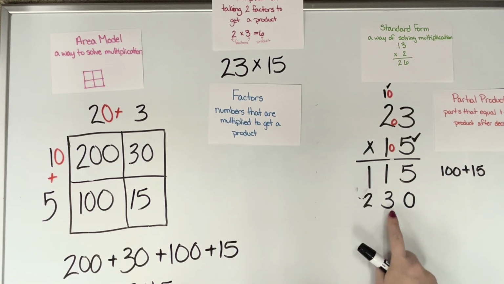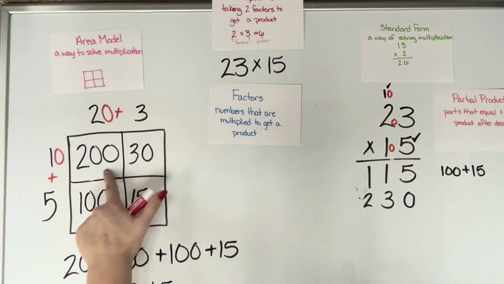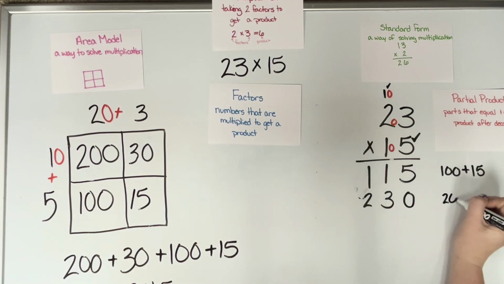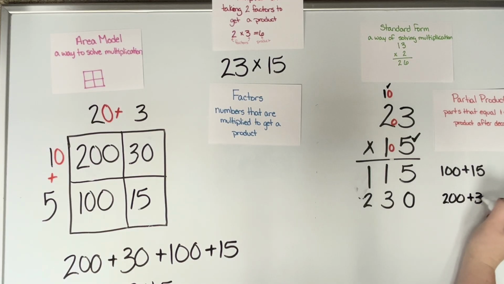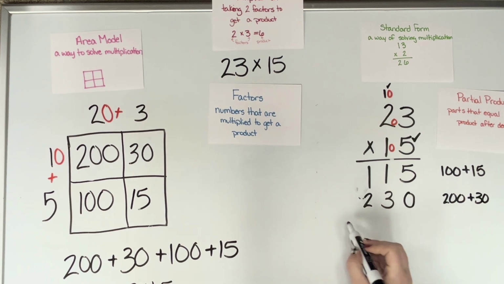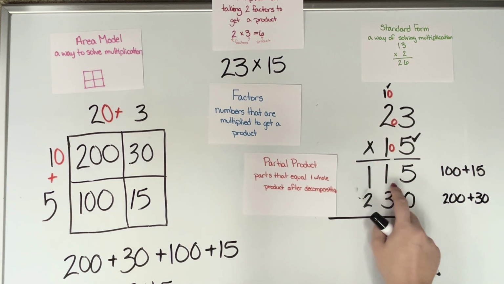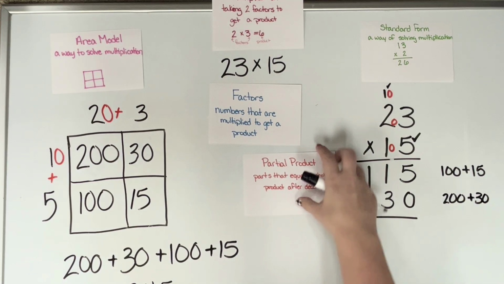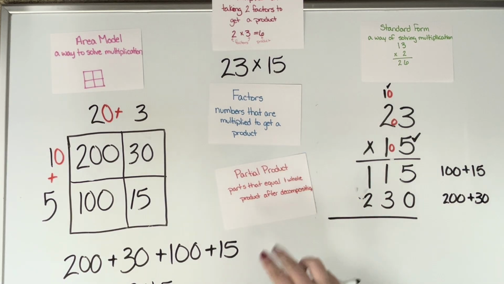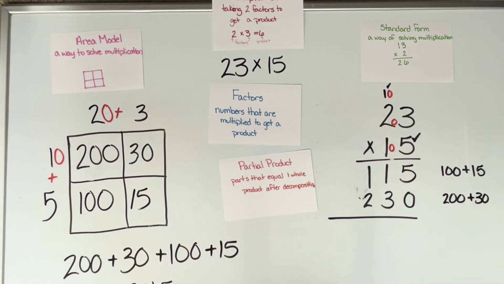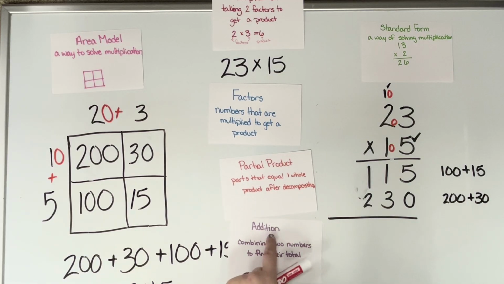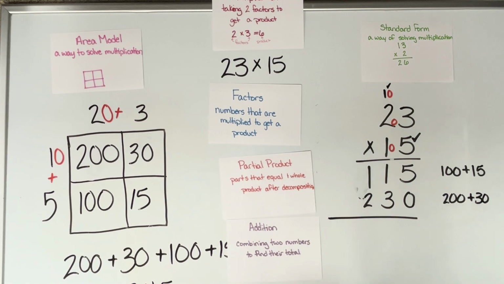And now we have the same partial products as the area model yet again. So I'm going to write that off to the side here. And again, these are our partial products, so we have to add these back together. We broke down our numbers, so now we have to add them together.